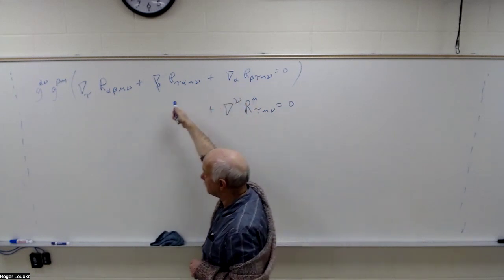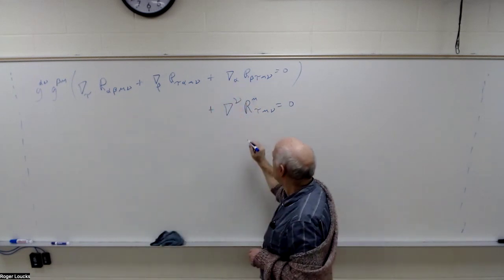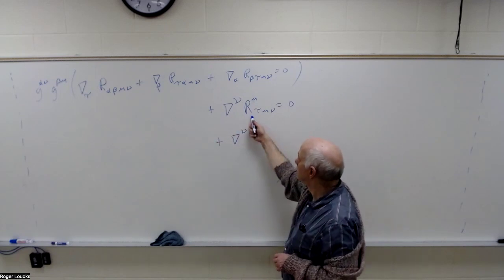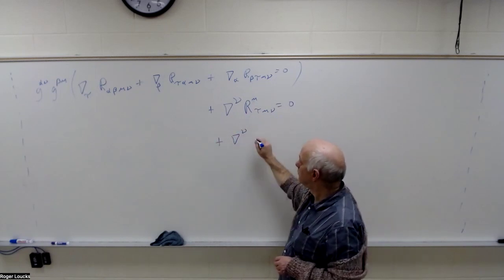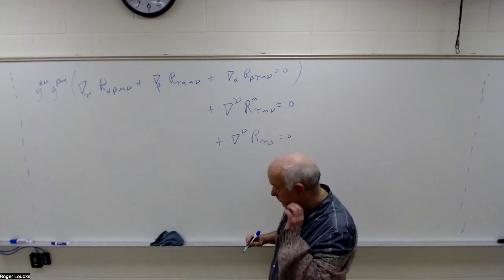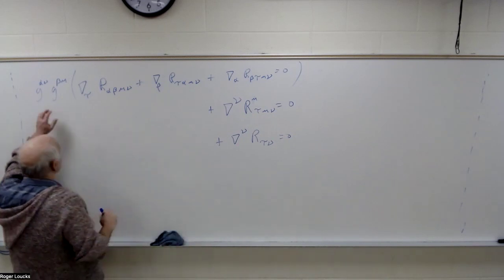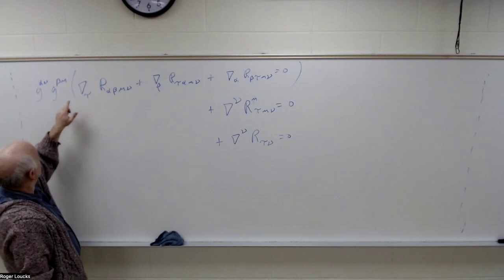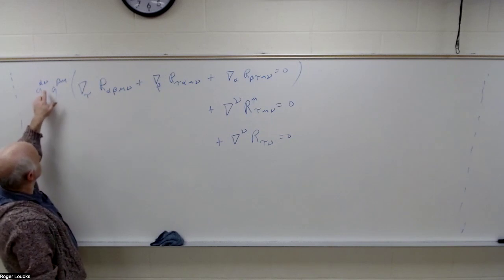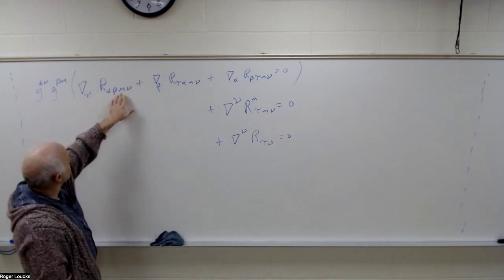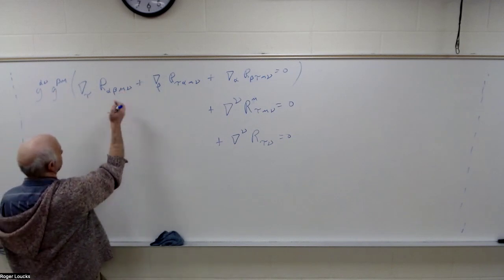But the mu would become alpha up at the top, right? Is this alpha here because of this guy here? And what is this guy here? Oh, R tau mu. Now what about this guy here? I'm going to take this guy here and switch these two here.